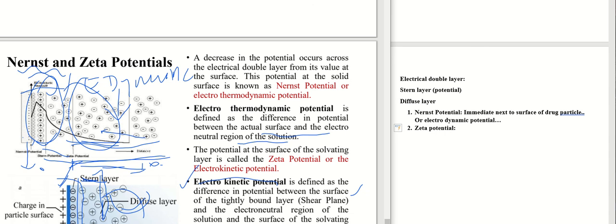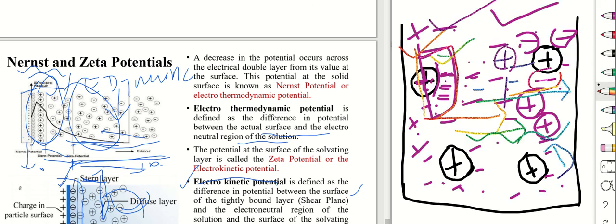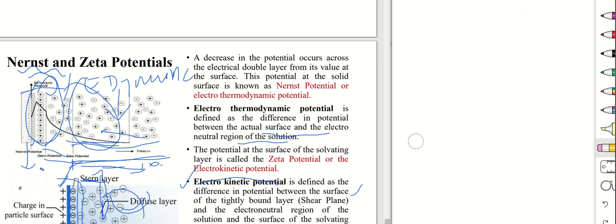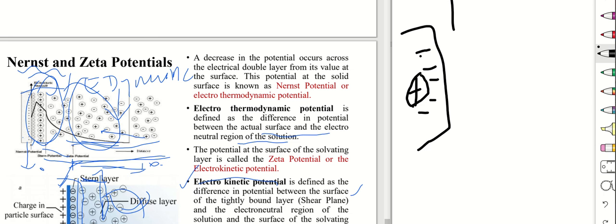Right? Now let me explain this. For example, if this is a particle and here we have a negative charge. The immediate layer next to the drug particle surface is known as the Stern layer.